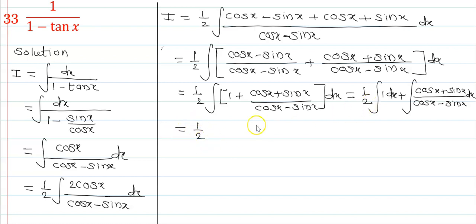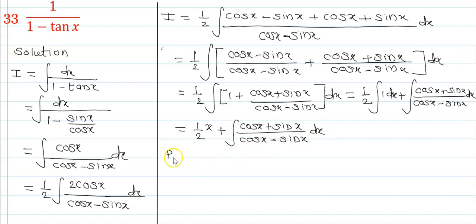and therefore it is a 1 upon 2 integral of 1 is x, and the integral of this we have cos x plus sin x divided by cos x minus sin x into dx.